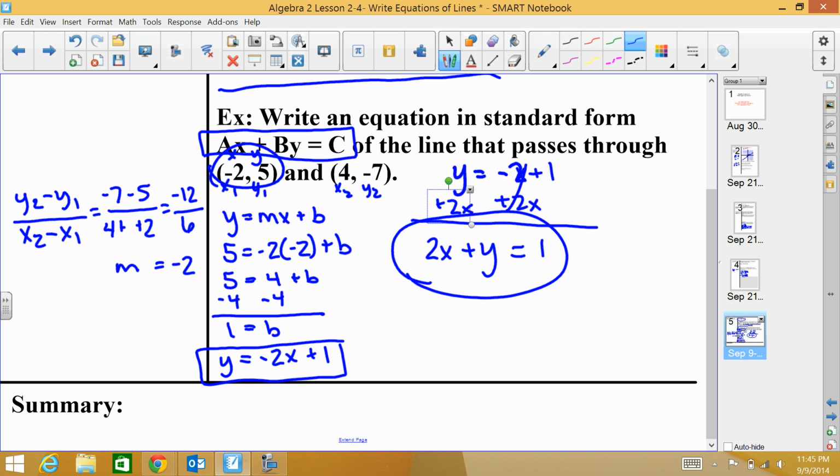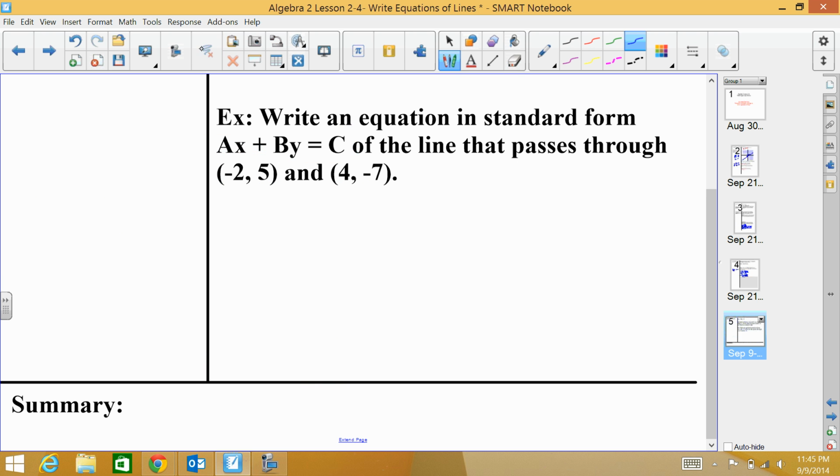Now, just for instance, because this might happen in the book, I'm going to clear this out really quick. Let's say that you have y equals 1/4 x plus 2.